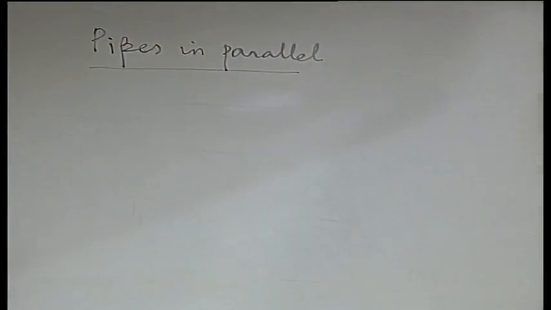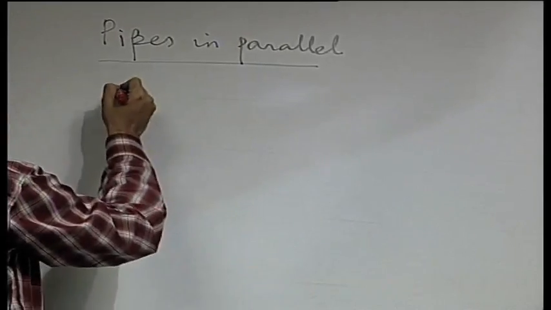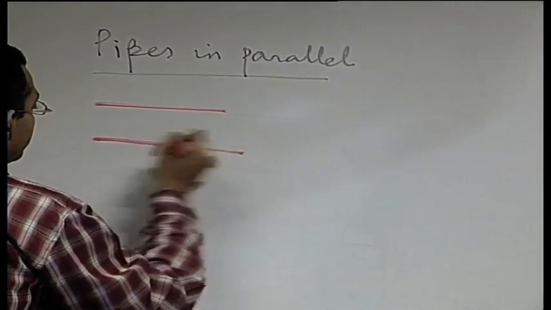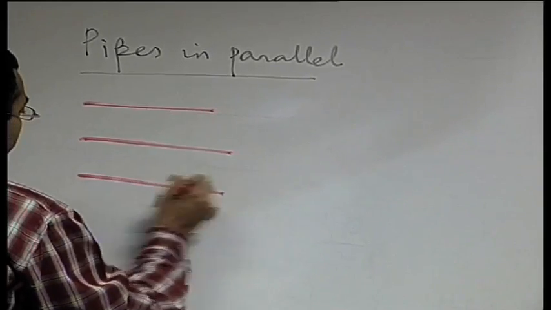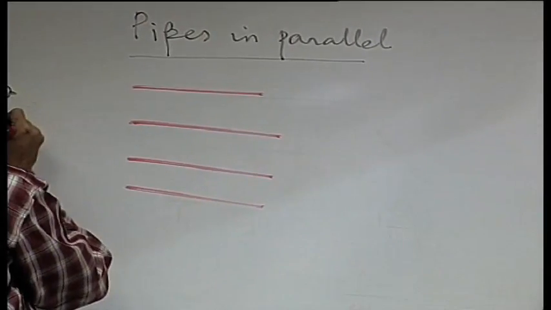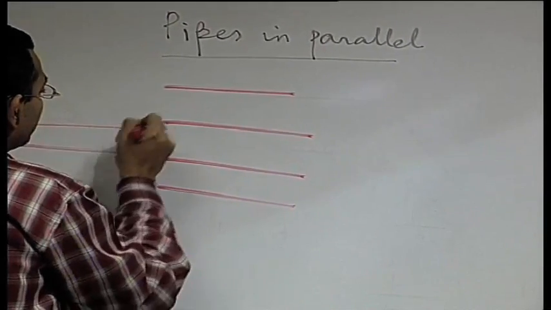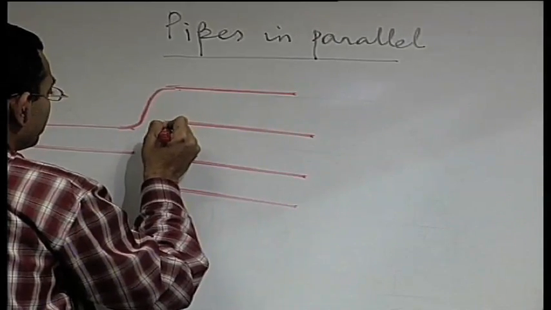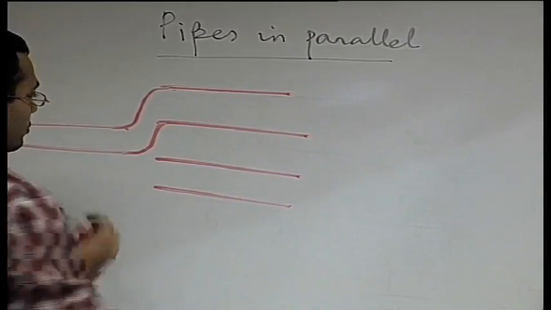When you have pipes in parallel, let us try to make a sketch of a situation like this. You have two pipes which are connected in parallel, that means they are branching off from a point.